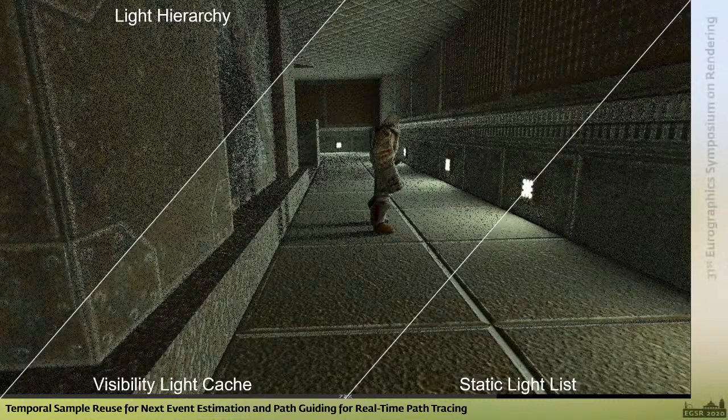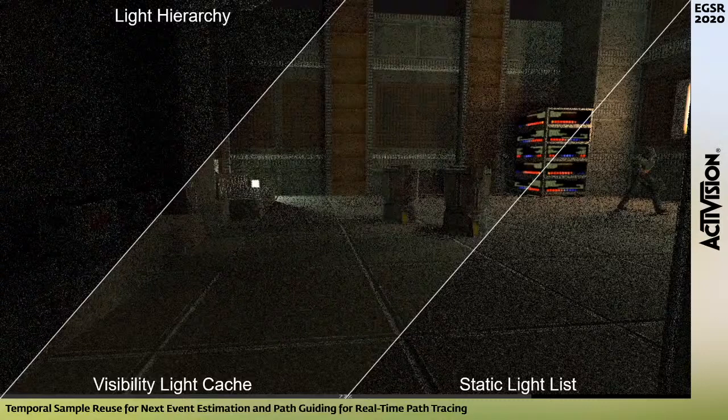We need to find new light sources. So in this case, we have a situation where our exploration strategy, which induces more noise because we still sample it with a given fraction, means the static light lists perform better, but we're still better than the light hierarchy approach. Here's a test case where the visibility light cache outperforms the other techniques.